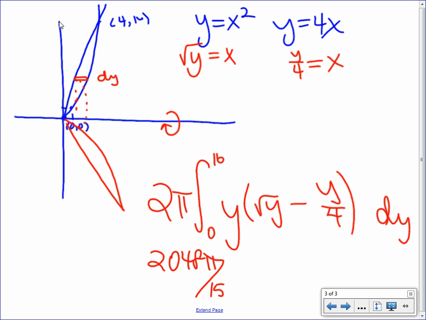Yeah, you will never get a negative value for a volume, right? Or area between two curves. We can have negative area when we have something lying under the curve from the curve to the x-axis, but you will never have negative if you're talking about between two curves or a volume.